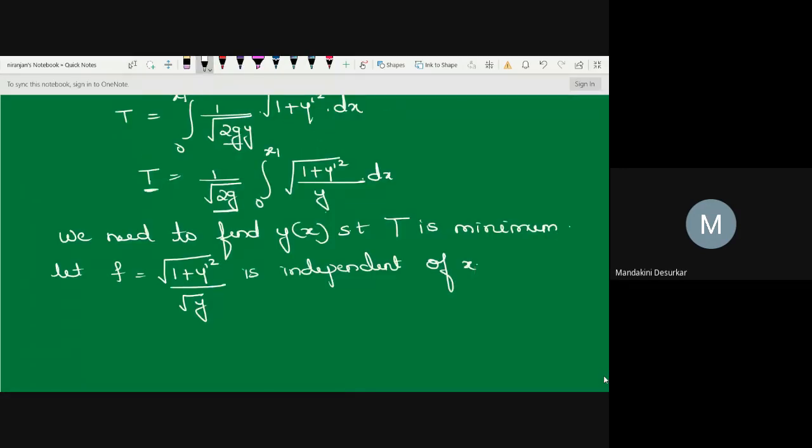As it is independent of x, we have f minus y dash dou f by dou y dash is equal to a constant, say c.